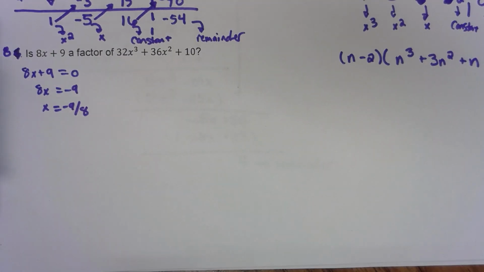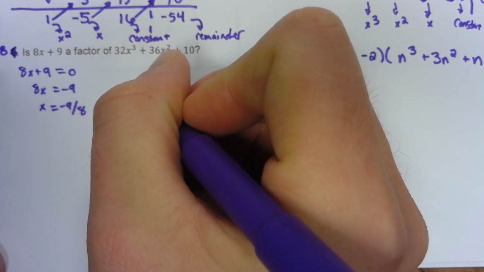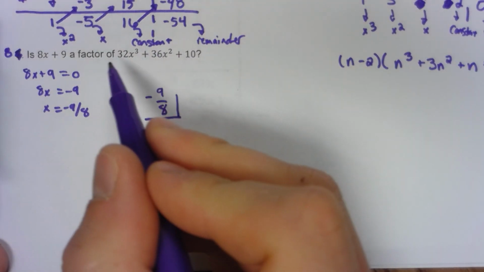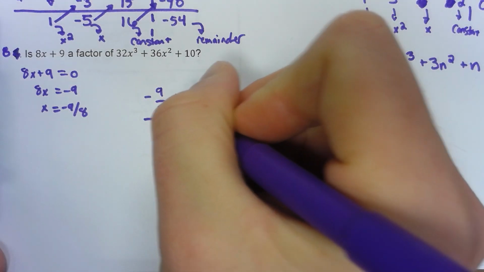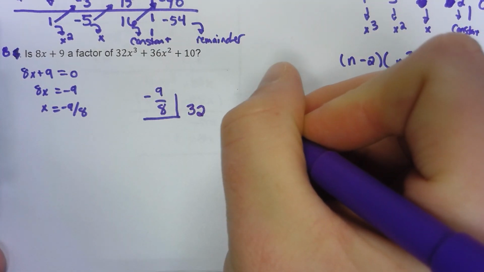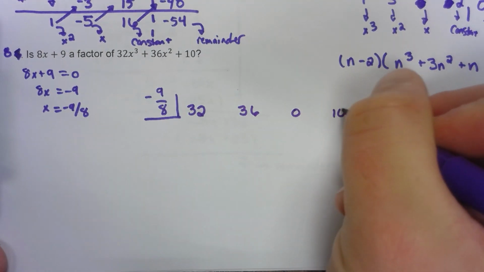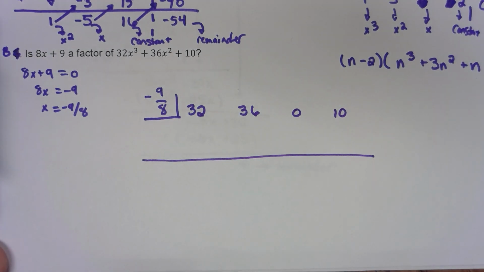So in the chair, we're going to use negative 9/8. And then we're going to bring down all the coefficients and include the 0 where that linear term should be. So 32, 36, 0, and 10.